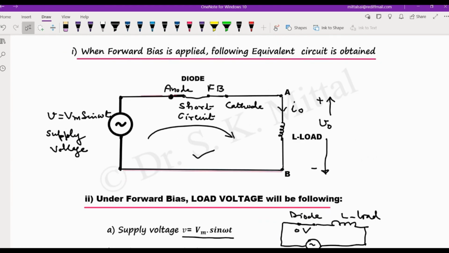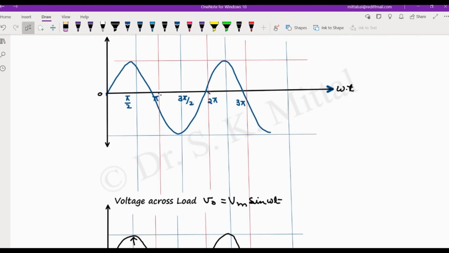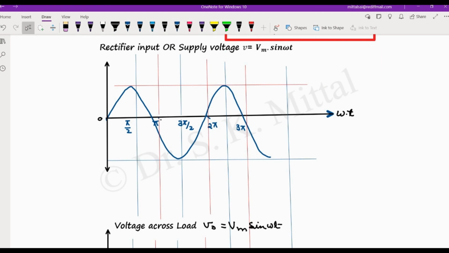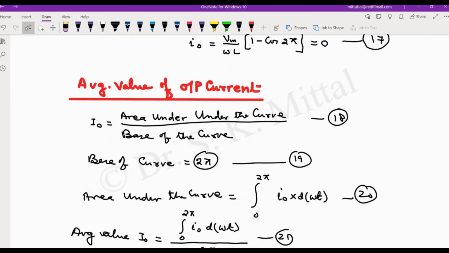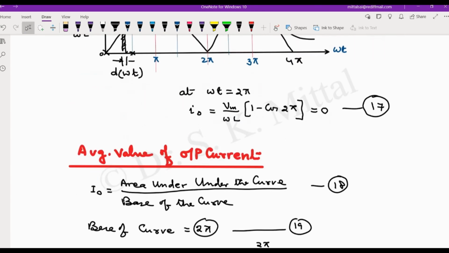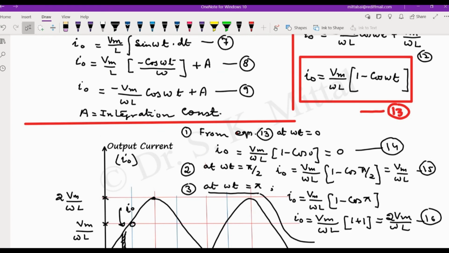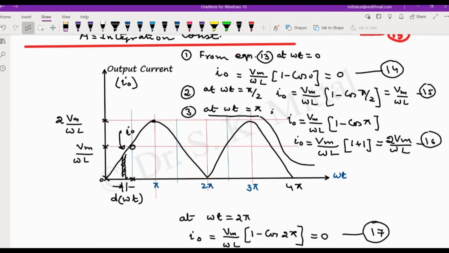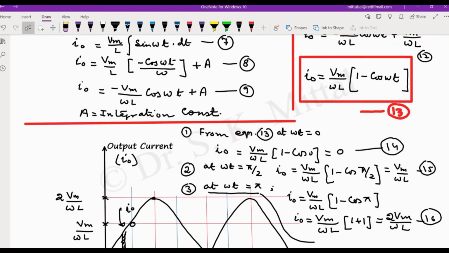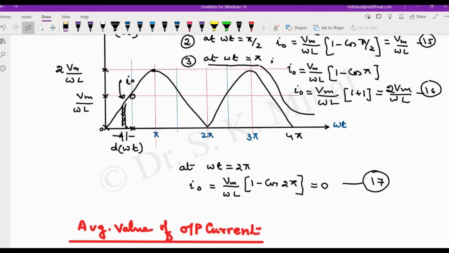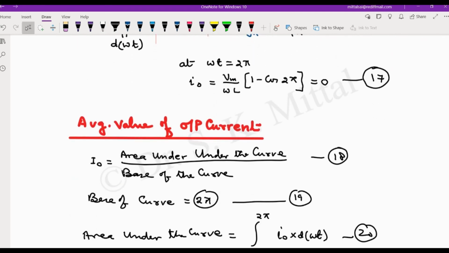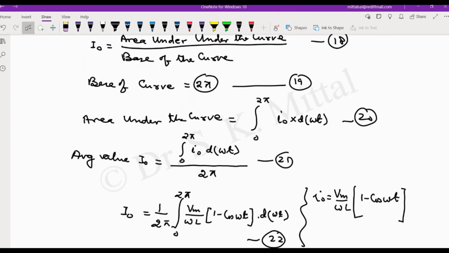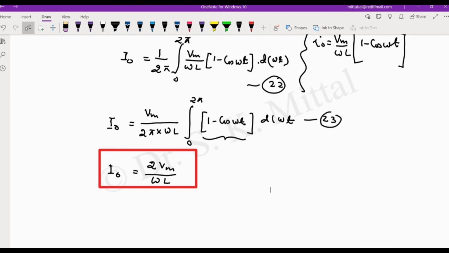Now after that, operation, then expression of output voltage, supply voltage waveform, voltage across load waveform, and then on the basis of this we have calculated the output current expression in equation number 13, and by considering the different points on the basis of equation number 3 at different values of omega t, we have calculated the values and then drawn the graph, and after that we have calculated average value of output current, which is I0 is equal to 2 Vm upon omega L, which I can represent by equation number 24.